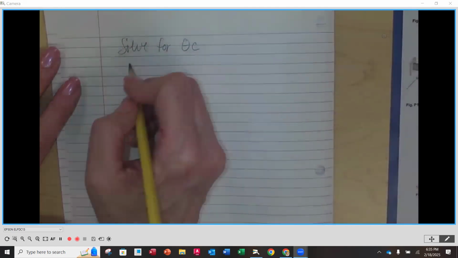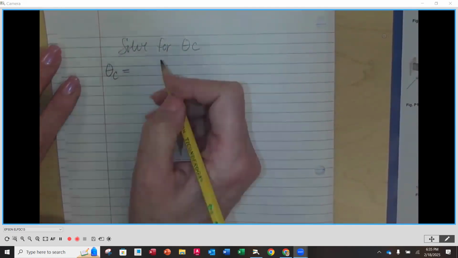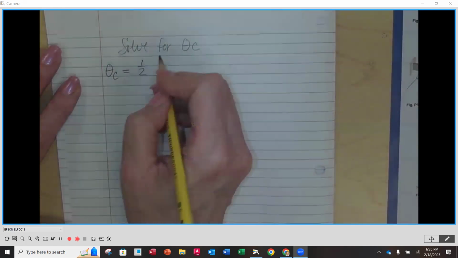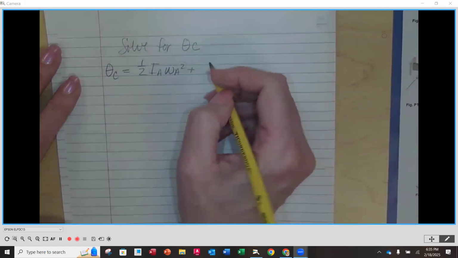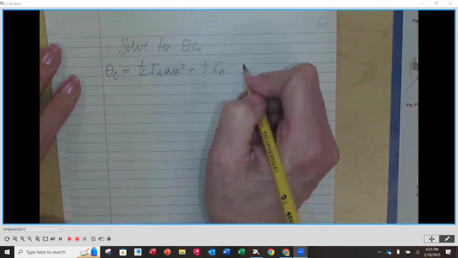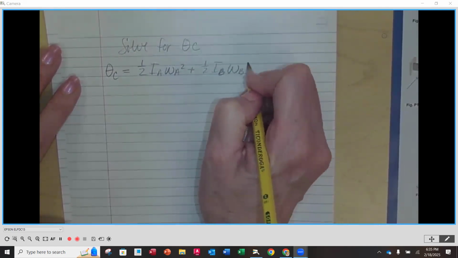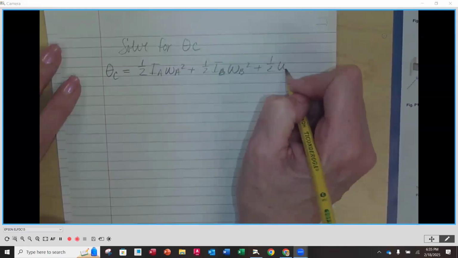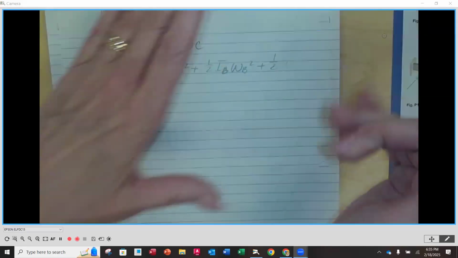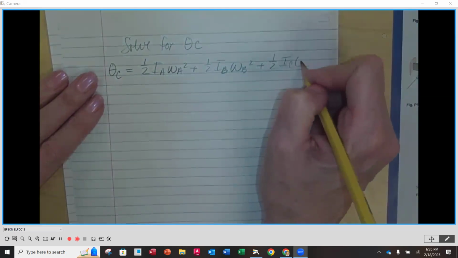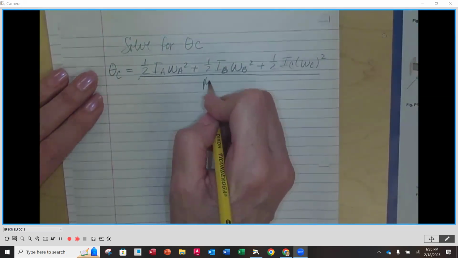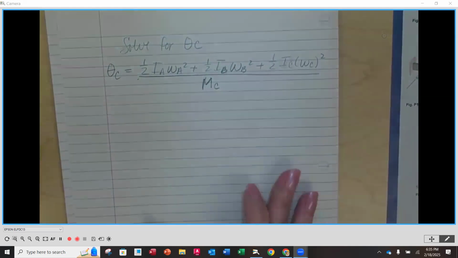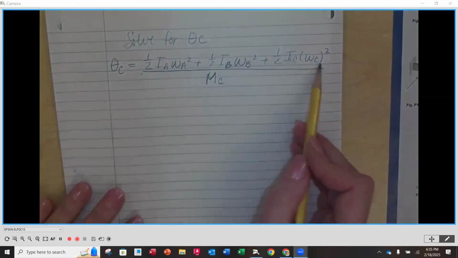I'm just going to rewrite that here so that theta C is going to be equal to 1/2 IA WA squared plus 1/2 moment of inertia B times WB squared plus 1/2 IC times WC squared, all over capital M, which is the moment at C. You know all of these things.